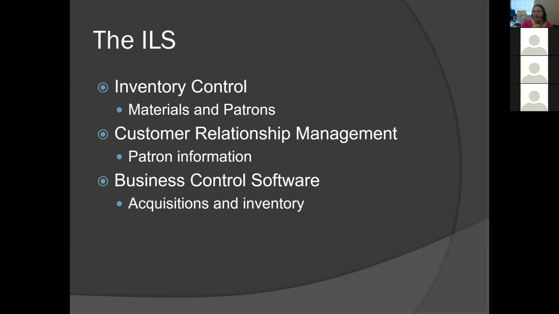However, at a previous library I worked at, we used III, Innovative Systems, and Millennium as our ILS. We could add modules, but I think the base cost was $12,500. Anything we wanted to add seemed like it cost $12,500, so we didn't use some of the modules simply because it wasn't worth it.